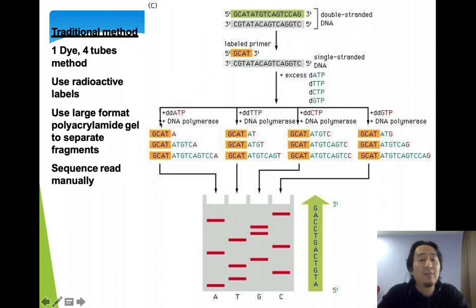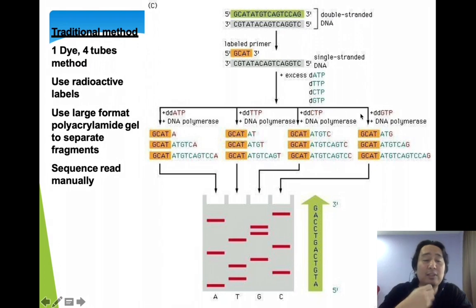After you have added the primer and dNTPs to your sample, you add the ddNTP, the one without OH, and you add DNA polymerase for elongation. The same in every tube.